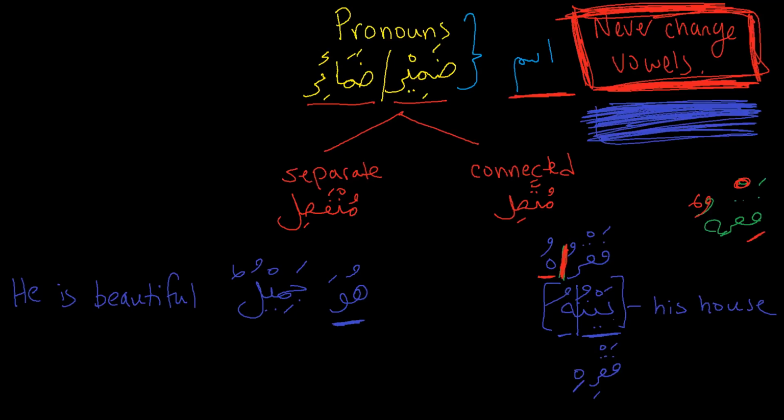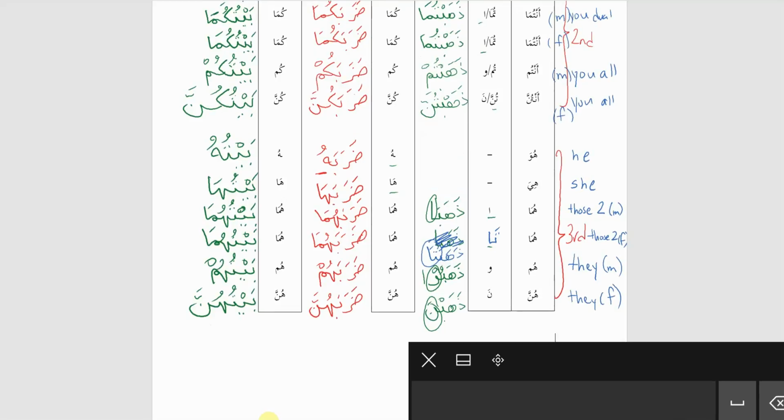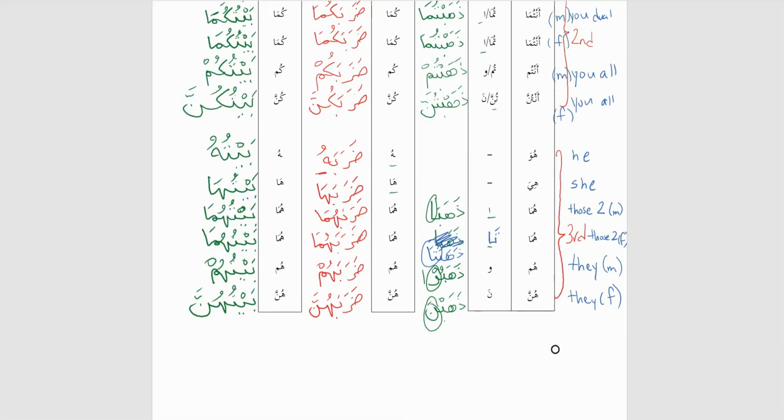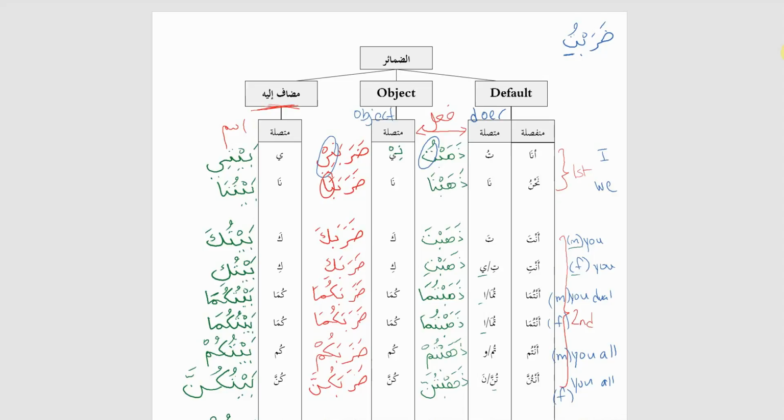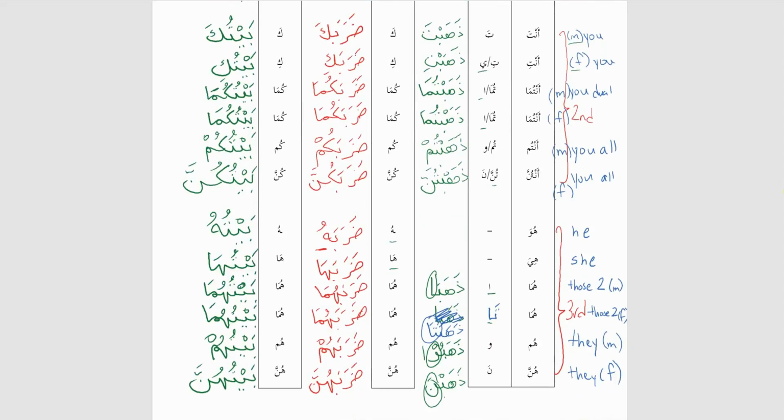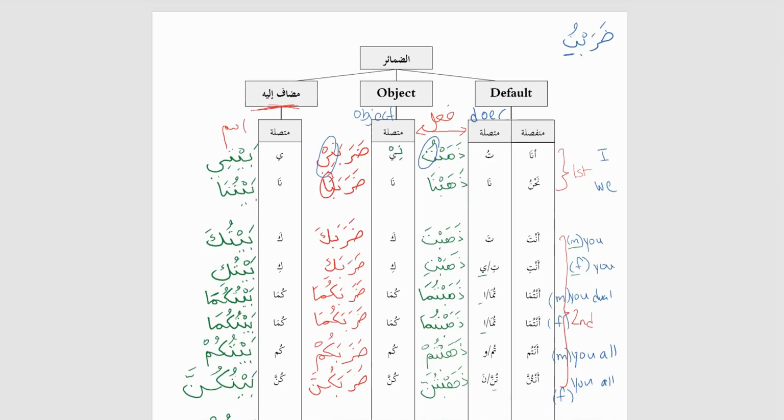If you want to review quickly again, there are two sections: munfasila, meaning they are detached, and muttasila, meaning they are attached, and then the different situations. We have our default, meaning if it starts a sentence, that's for munfasila.